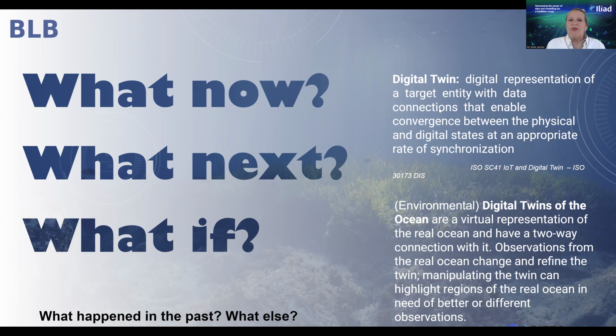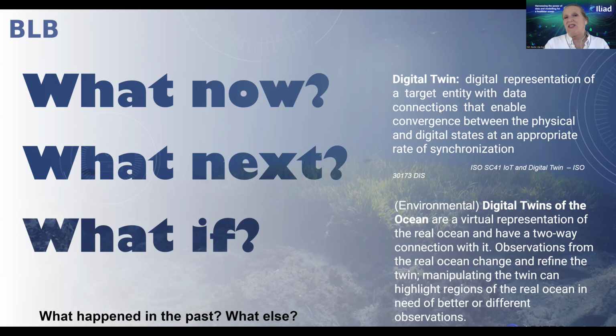It's important to note that it's not only what we want to look at for the future in the twin, it's also about including more information about what happened in the past. As you know, there is a lot of data that is not yet digitized, and as we get that accessible, we want that also to be included in the twin.